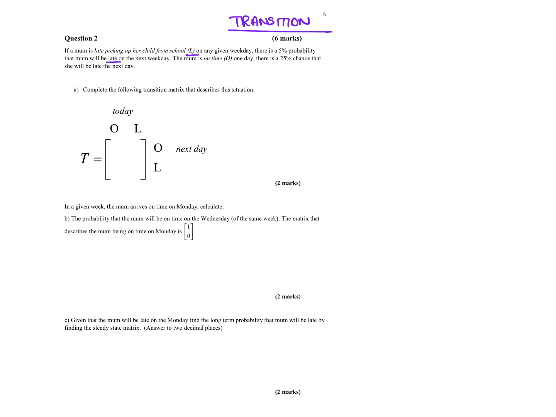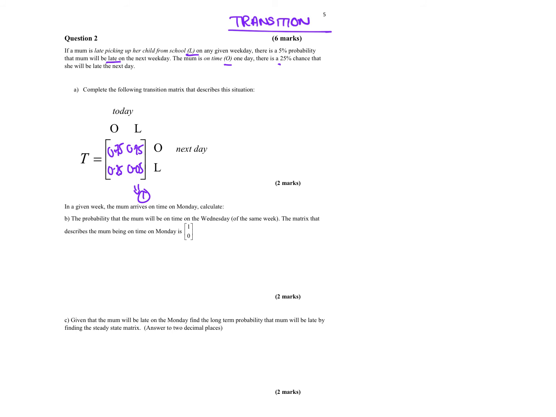So L to L is 5%. Now, so if she's going to be 5% late, because these have to add up to 1, that means on time is 95%. Okay? And then there's 25%, if she's on time today, she's 25% late the next day. So there you go. On time today, 25%. So these have to add up to 1. So that makes that 75.